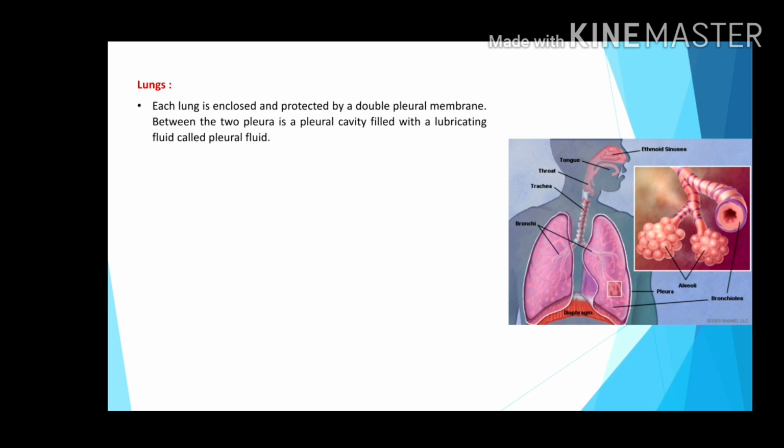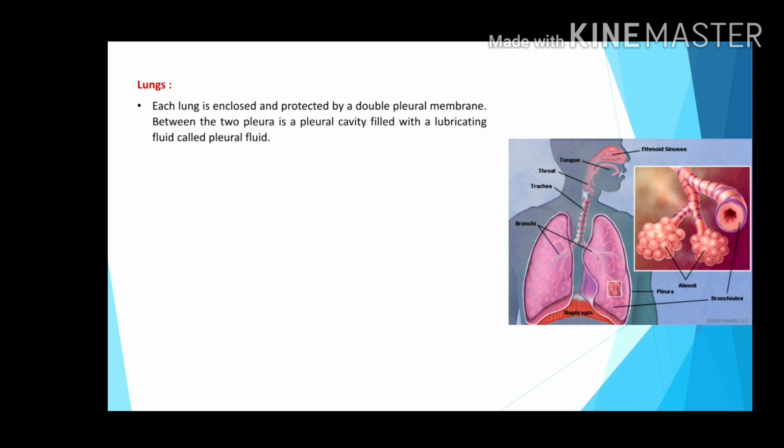We come to the lungs. There is a right lung and a left lung. They are enclosed and protected by a double pleural membrane. The outer one is called parietal while the inner one is called visceral. In between the two there is pleural fluid.